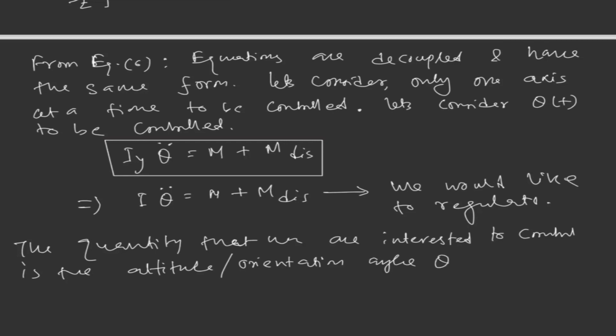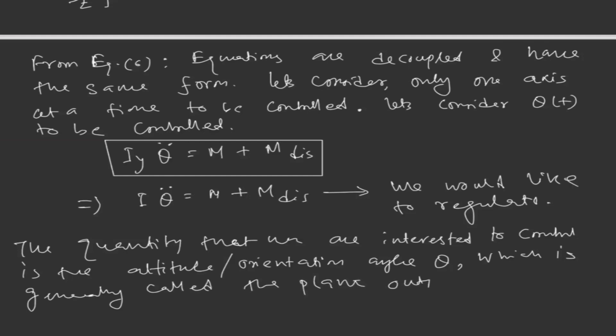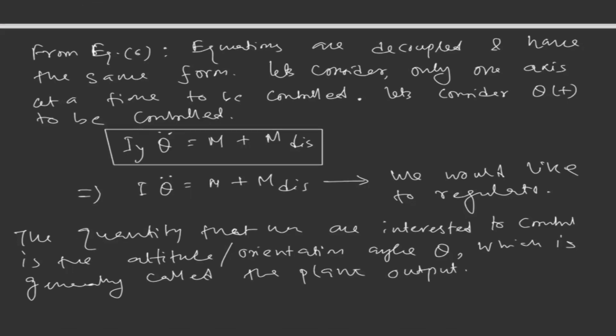Theta is the only angle we want to design the control for. It is generally called the plant output.